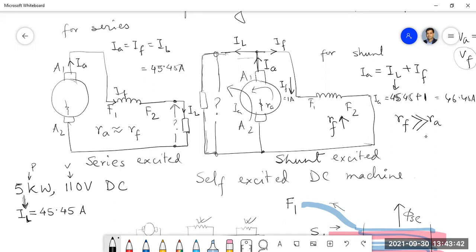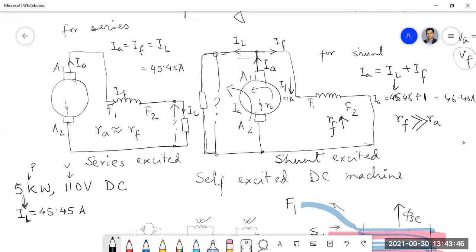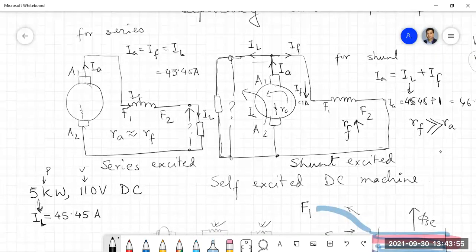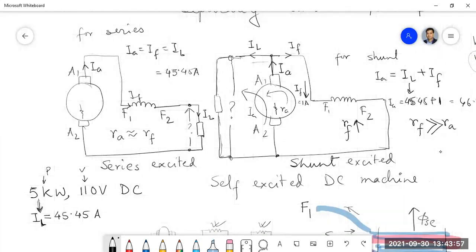Got my point? I'm just discussing the design, how we should go about designing the field winding. So for the shunt winding, the resistance is very high, and for the series field winding, the resistance is very low.